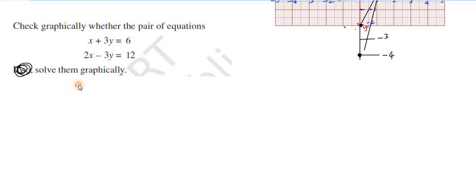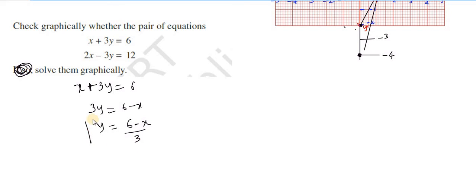We know how. Here x plus 3y is equal to 6. So you can write 3y is equal to 6 minus x. So y is equal to (6 minus x) divided by 3. This is one equation. For this you need to draw the table, and afterwards graph the line.